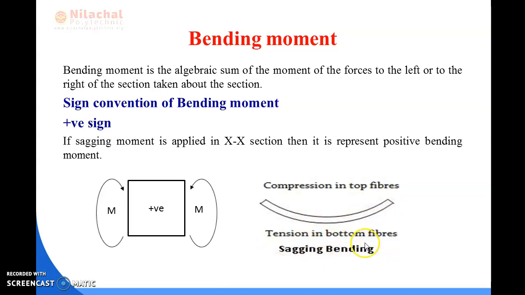The moment causing it is known as sagging moment or sag moment. When this kind of moment is provided, the upper part of the beam is in compression and the lower part of the beam is in tension. You can see it is a curve-like section when it is deformed, so this kind of moment we take as positive sign.